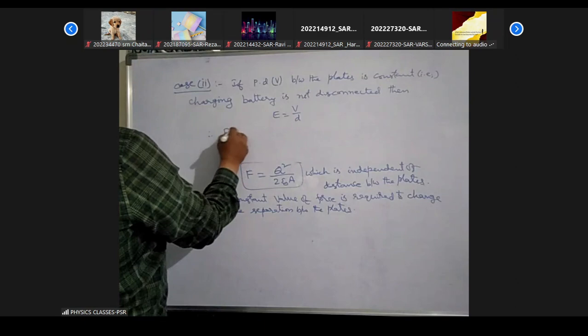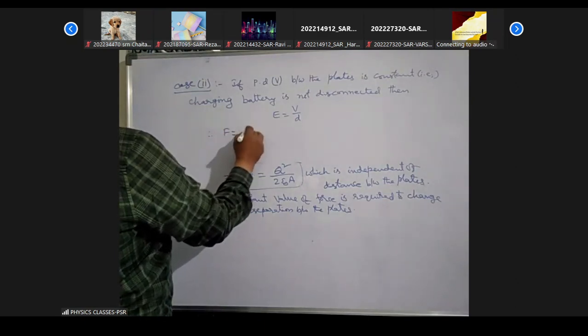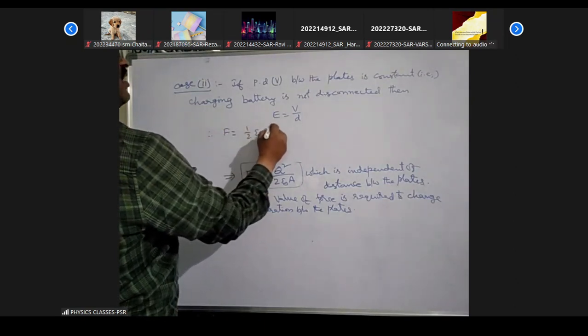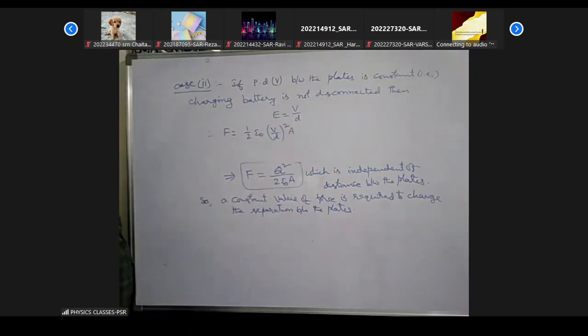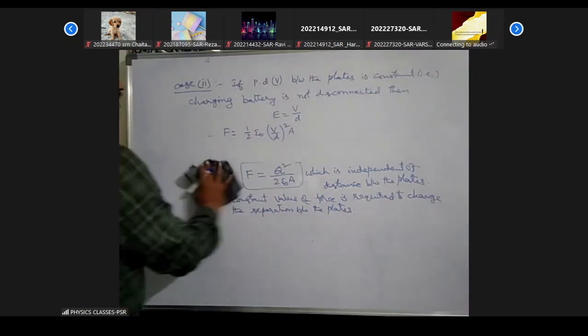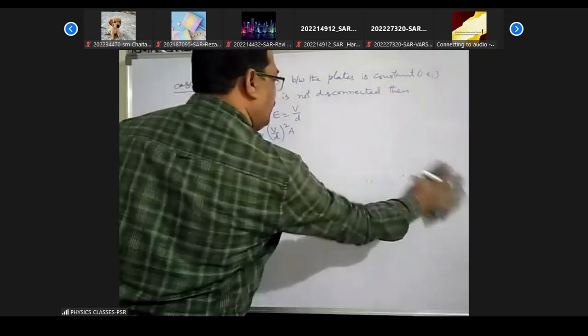Therefore, force F is equal to half epsilon naught, V by D whole square, into A. Instead of E, we write V by D.